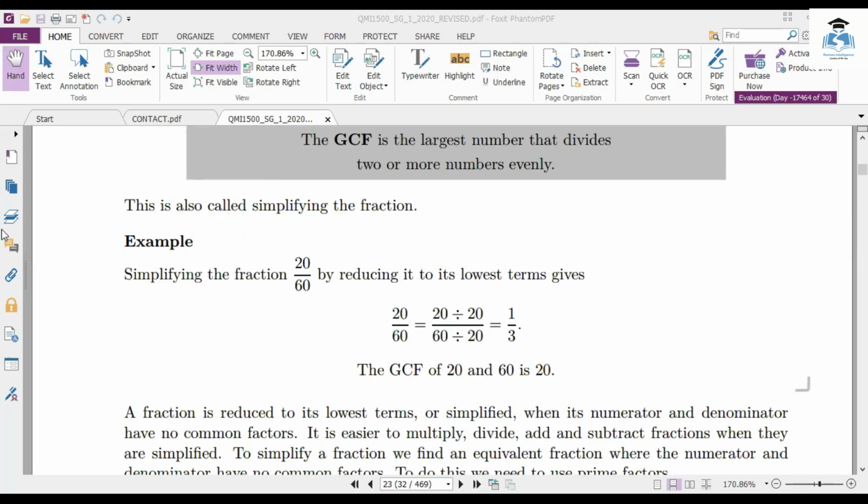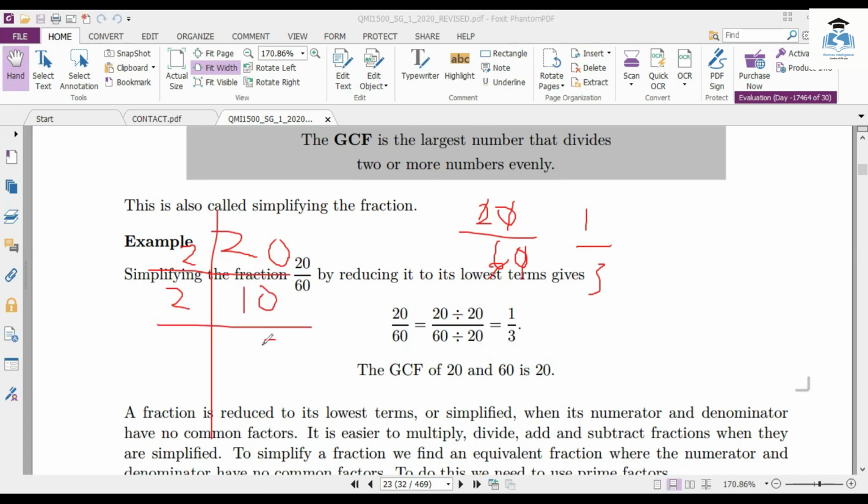Given this 20 over 60, remember when you are looking for factors, we start with 2. 2 into 20, 10, 2 into 10, 5, then 5 into 5, 1.